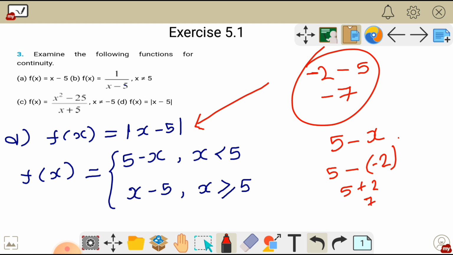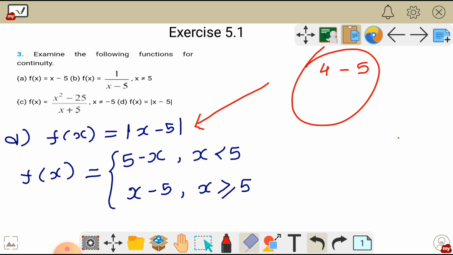If it is less than 5, then also the problem is the same. Suppose instead of negative, we have positive but less than 5. Suppose x is equal to 4. Then also what is the answer? The answer is minus 1, which is also not positive.